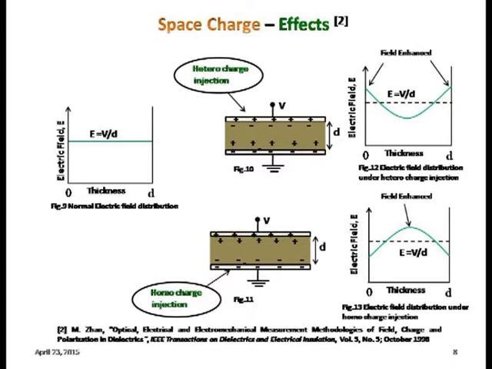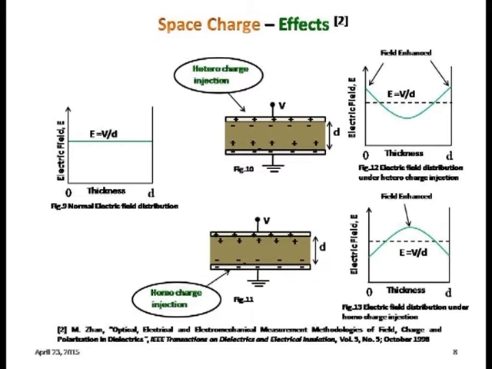So voltage is constant here. When voltage is constant, if the field is more at the edges, it must decrease in the center. So the total area of this must be equal to the total area of this, because the same voltage is applied.